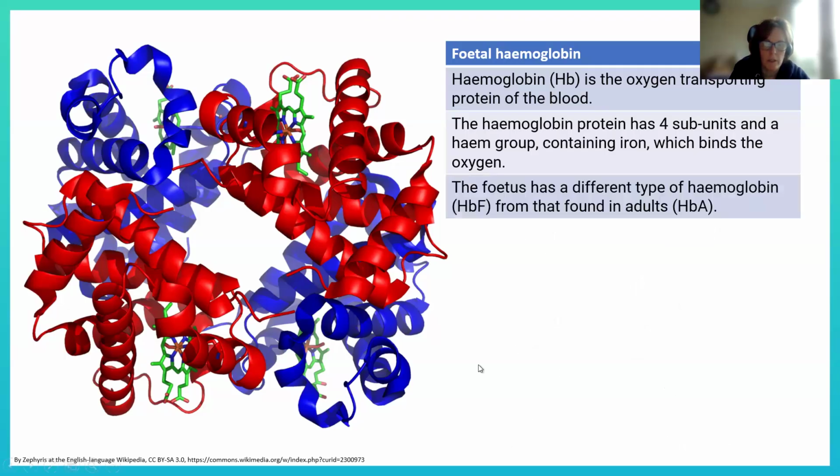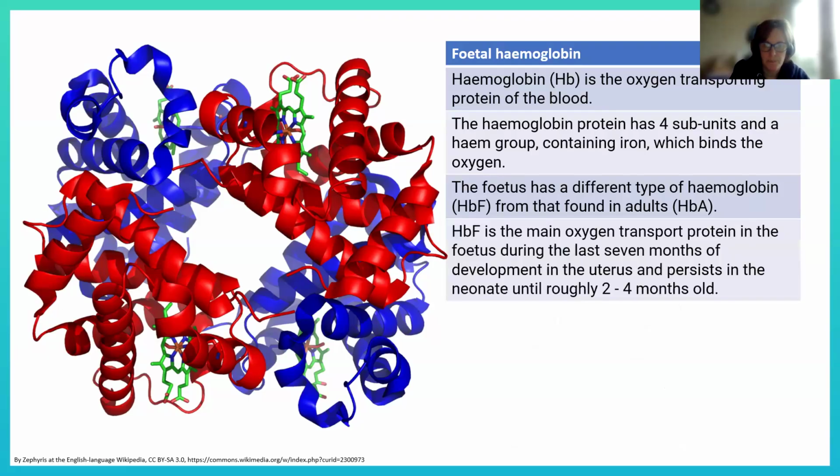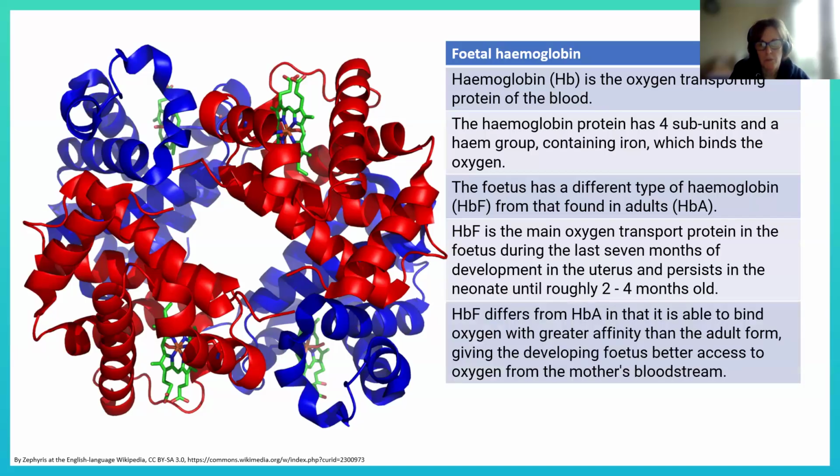So that's what it looks like. The fetus has a slightly different type of hemoglobin compared to the one found in adults. We call them HbF and HbA, so hemoglobin fetal and hemoglobin adult. The fetal hemoglobin is the main oxygen transport for the fetus during the last 7 months of its development in the uterus, and it is still in the body as a neonate, so a new baby, until roughly 2 to 4 months old.